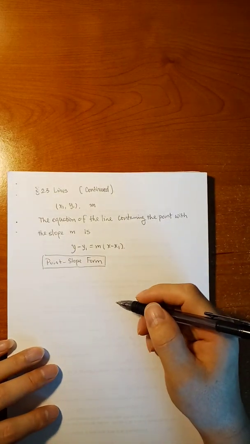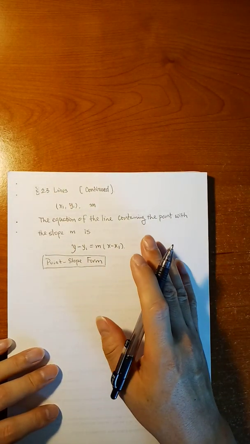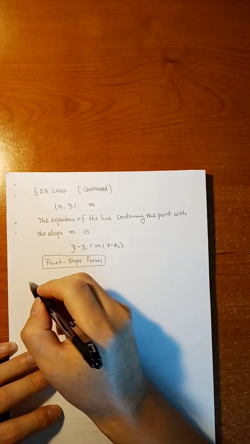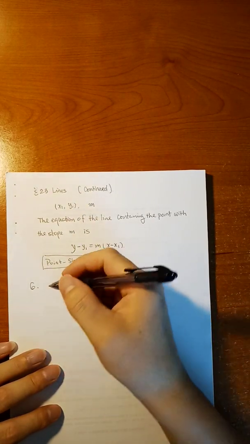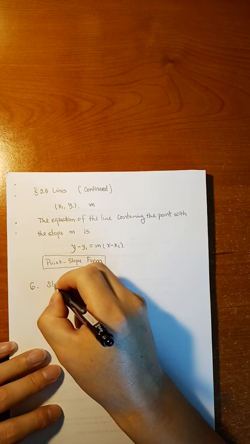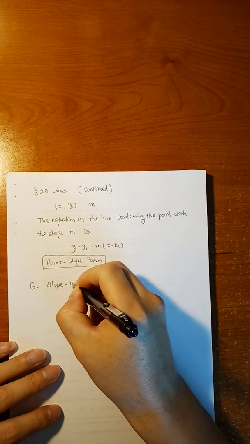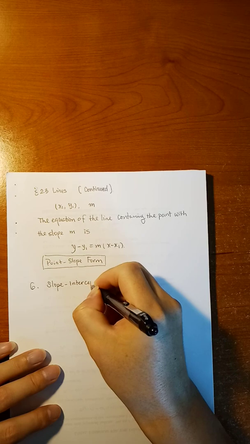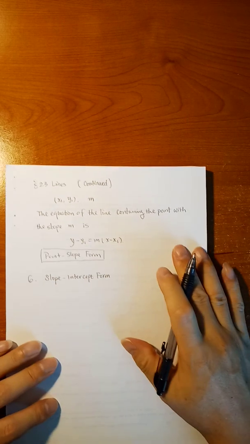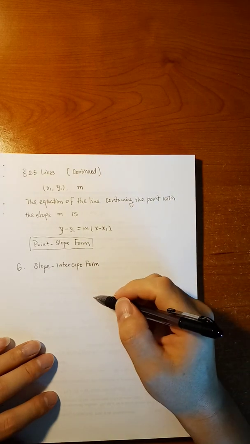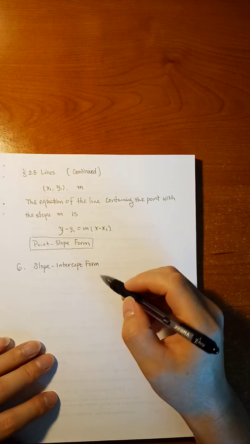Now let's talk about another form. There are several forms. It's the slope intercept form. So what is a slope intercept form?